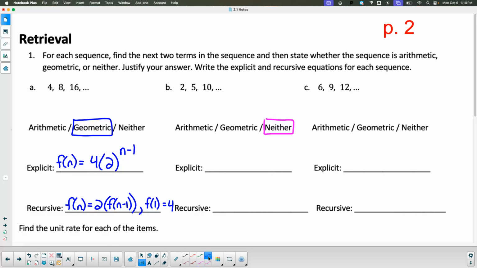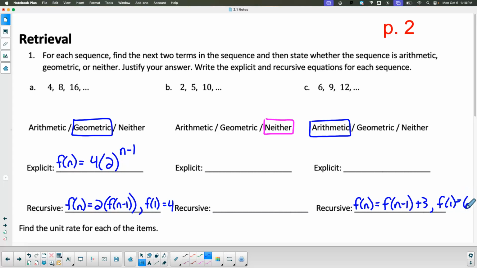Third one, C. What are we thinking? Arithmetic, geometric, neither. Arithmetic, why? We're adding 3 every time. So that means my recursive then would be f of n equals f of n minus 1 plus 3, with my first term being 6.